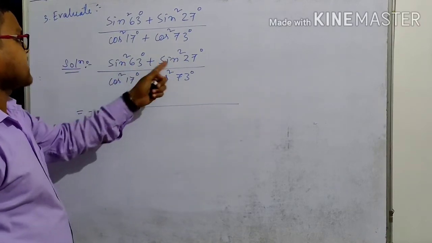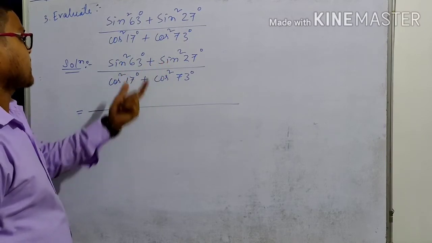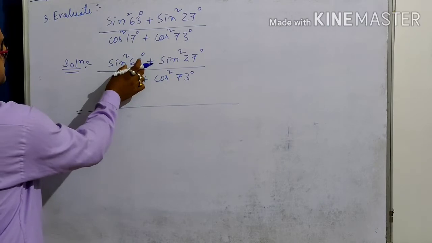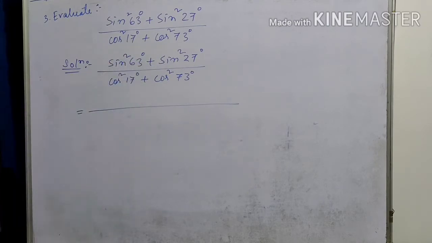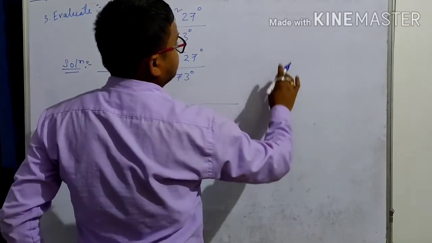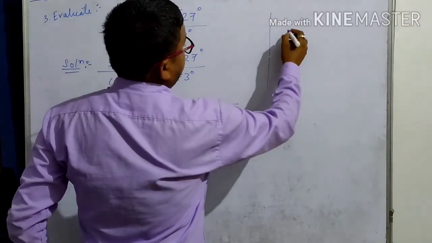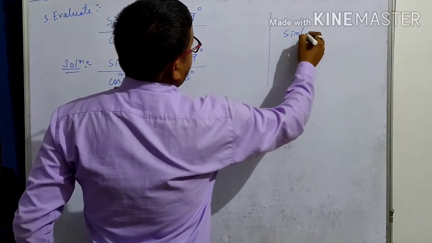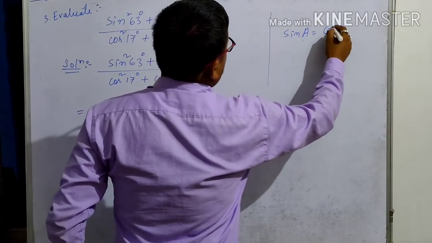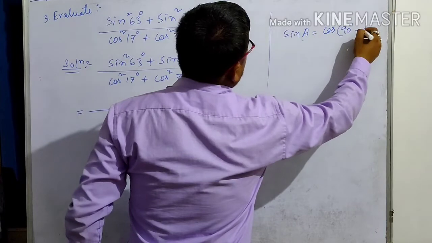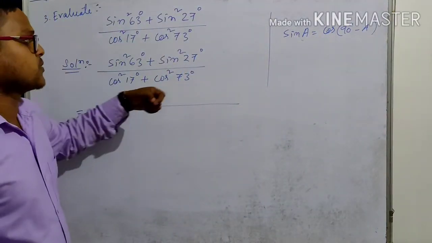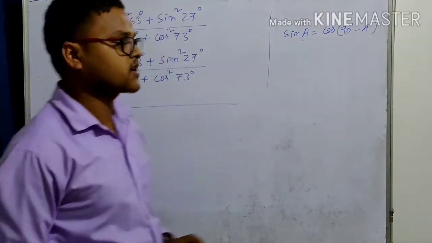Now you see both are same, sin and cos. How can you cancel this? You think. In the previous class, what we have learned is that sin a you write as cos 90 minus a. If here it is square, no problem, if you put square here, then also it is correct.